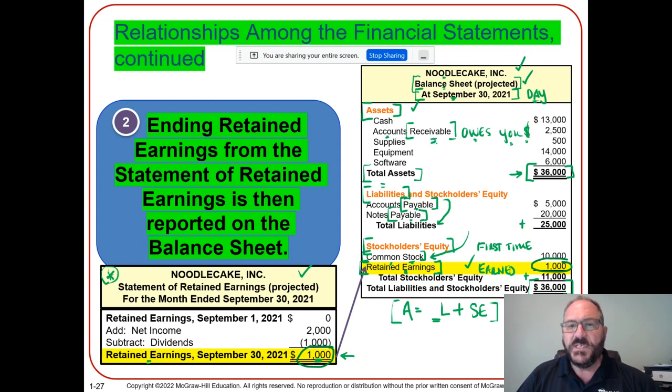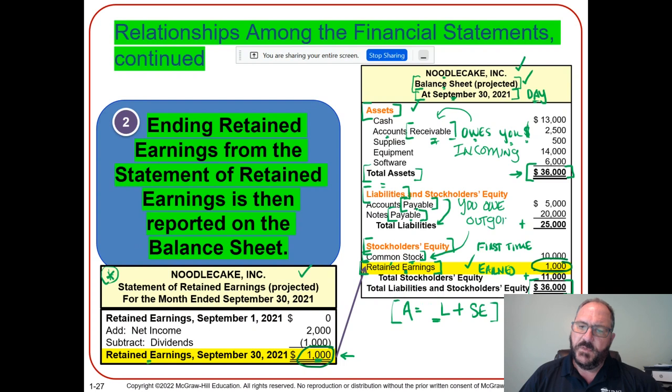By the way, when you see receivables, that means somebody owes you money. Payable means you owe. So the top one is incoming, and this one is outgoing, meaning you have to pay somebody.